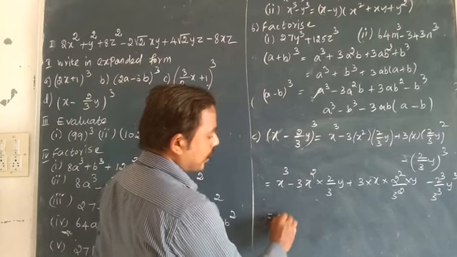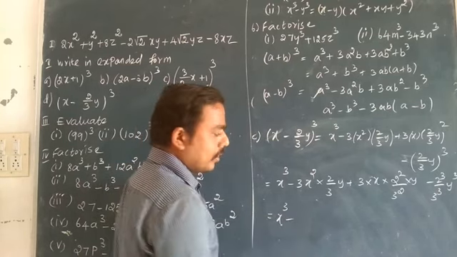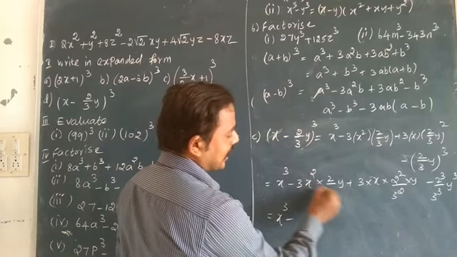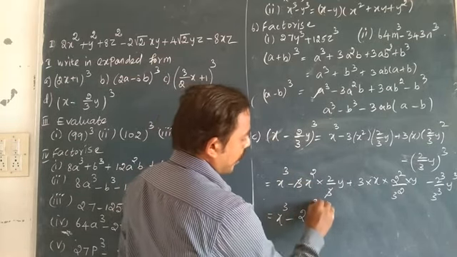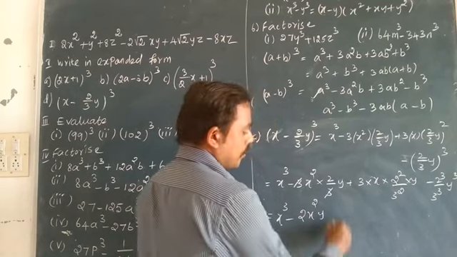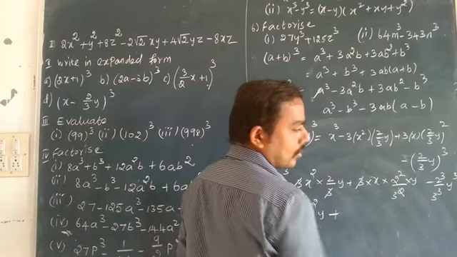So x^3 minus, here in the product we can cancel this 3, so minus 2x^2 y, plus 3 you can cancel.